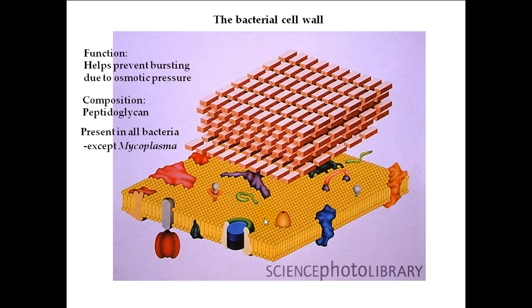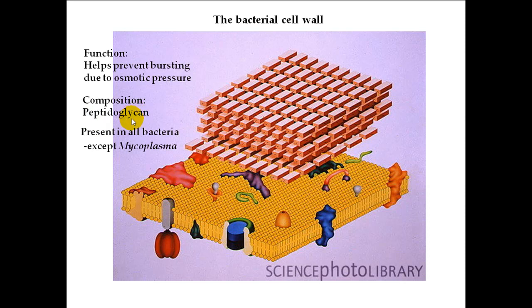So here's what we'll take a look at next. We'll, again, focus in on the cell wall. Specifically, we'll take a look at the structure of this peptidoglycan that makes up the cell wall. You might be able to tell from the name of this stuff what molecules you would expect to find in it.